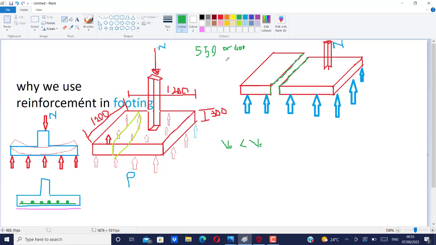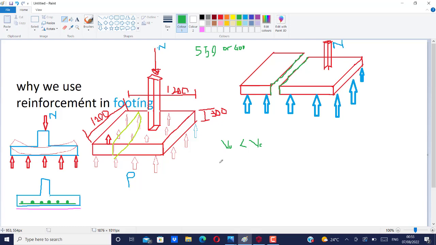So as a designer, you have chosen a thickness of 150. Let me come back to this. If your ultimate shear stress is less than your concrete shear stress, it means that this thickness that you have chosen is sufficient, and probably you will not be needing any shear reinforcement.